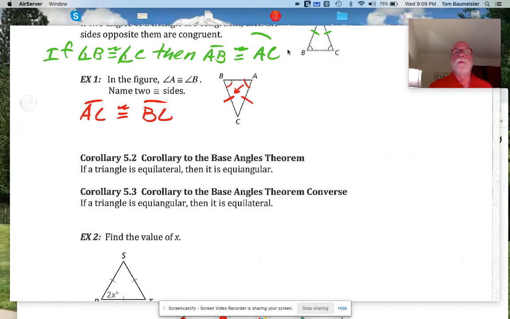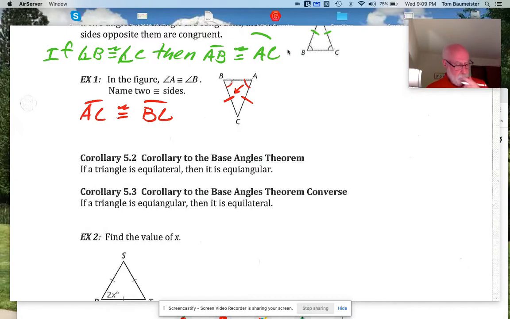All right, remember corollaries are things that we assume to be true based on a theorem. So corollary 5.2, if a triangle is equilateral, then it's equiangular. And then the converse of that, if a triangle is equiangular, then it is equilateral. All right, so that can help us out when we're trying to find certain things.